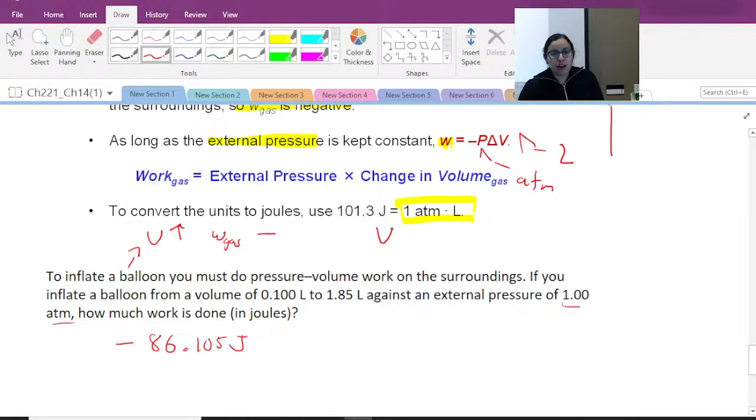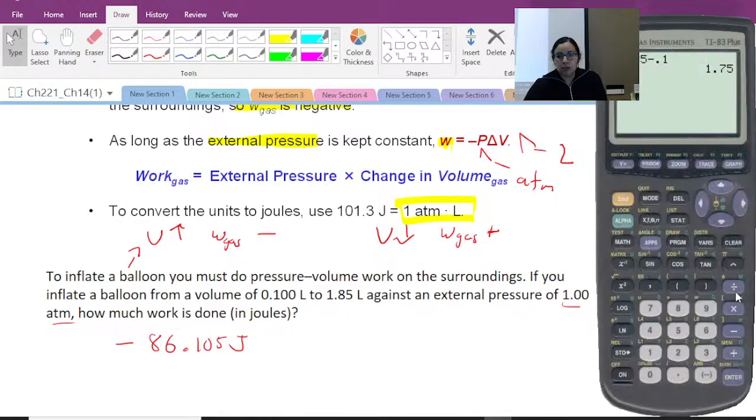And the other way, if volume decreases and your balloon is shrinking, the work on the gas is positive. So that should help you; the signs should work out. So it should be final minus initial, multiplied times our pressure, so 1, and then convert it to joules, so times 101.3. Actually, should be 177.